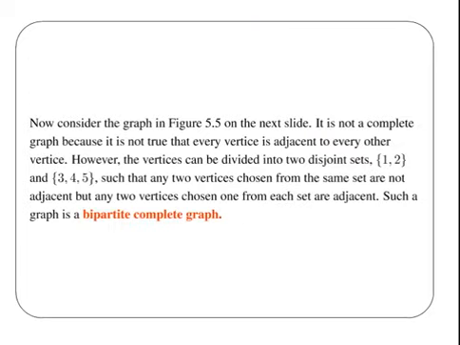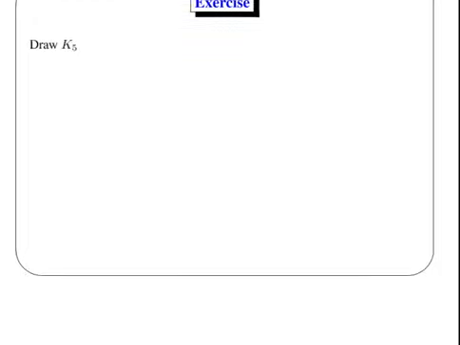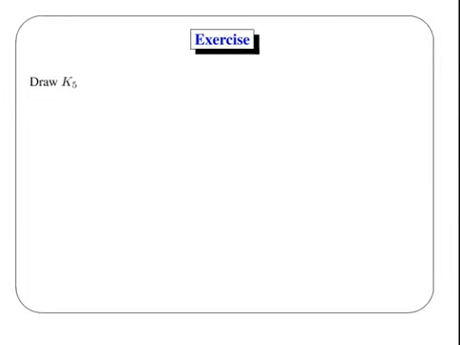What we're going to do here is, oops, I went too far. Let me scroll back up. What we're going to do here is draw K5. So this is a graph with 5 vertices. Let's first off draw our vertices: 1, 2, 3, 4, and 5.